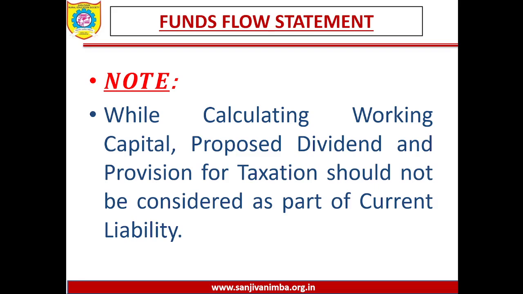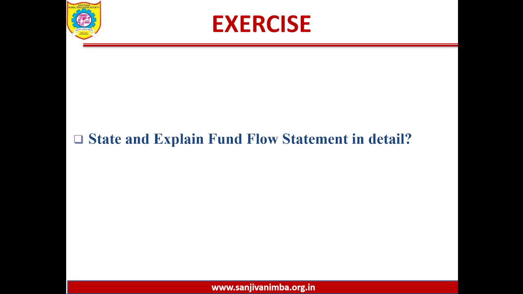Later on, you have to move on for calculating the individual accounts. In the journey of finding out the individual accounts, you will understand that slowly and gradually you have started observing few things that will directly become a part of FFS, either on sources of fund side or application of fund side. And few more terms you will find which can help you in finding out the funds from operation.